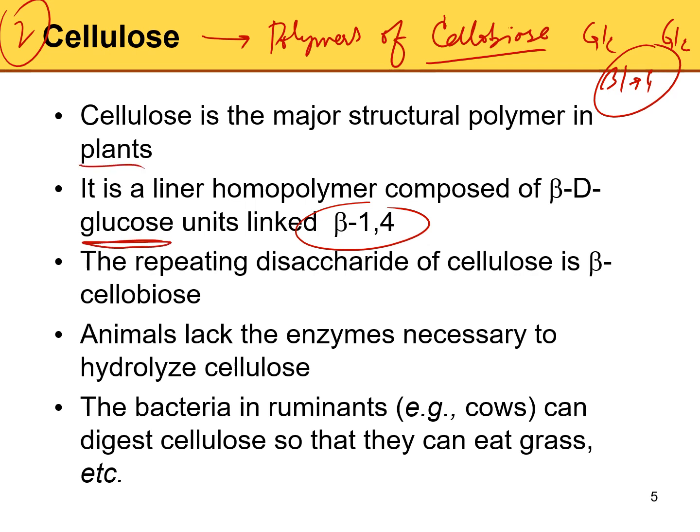They're glucose units, just a homopolymer, just one chain. Starch has two chains, amylose and amylopectin. Cellulose has just one chain, which is basically glucose units linked together by beta 1,4 linkages. And as I said, it is made of repeating disaccharides, cellobiose.